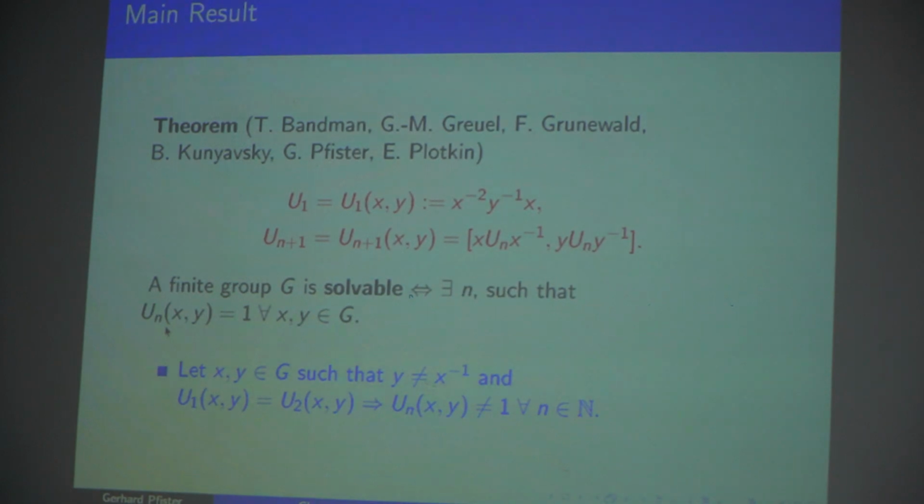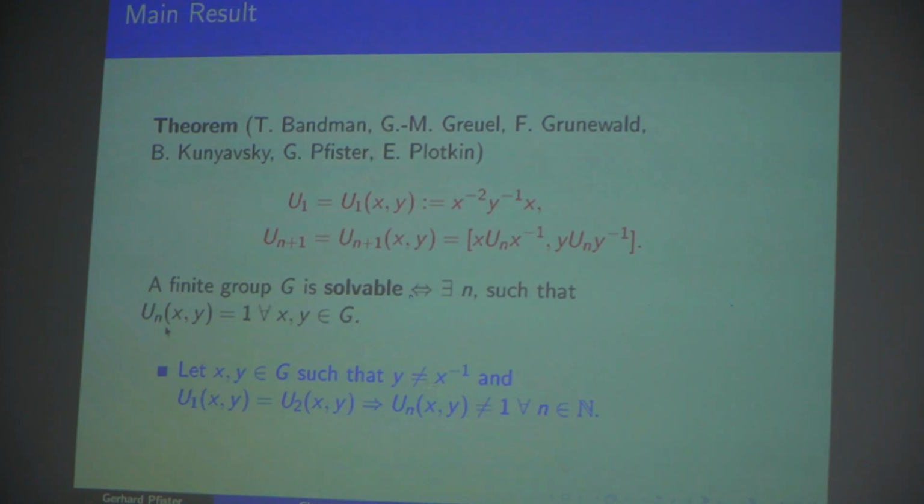Now let me make a remark which is very important for the rest of the talk. If you have x and y in the group G, and y is not x to the minus 1, and if u1 of x, y is equal to u2 of x, y, then un of x, y can never be 1.